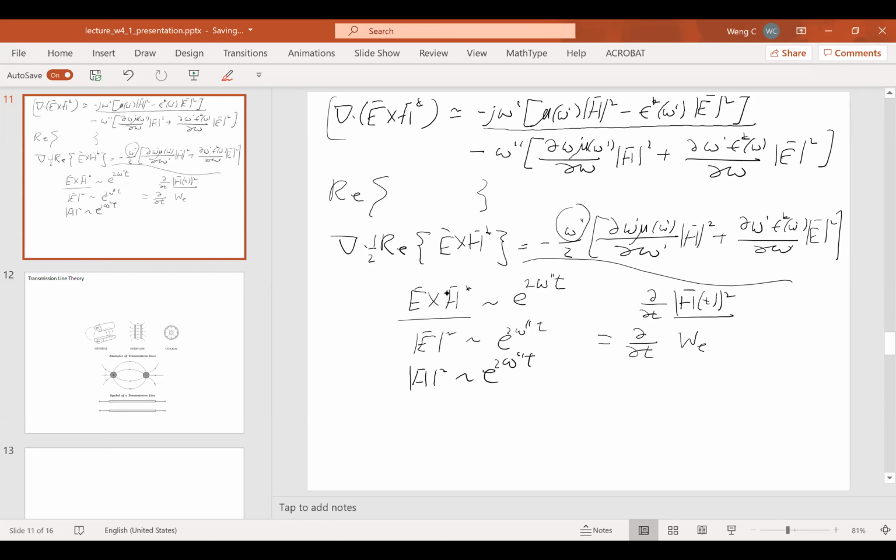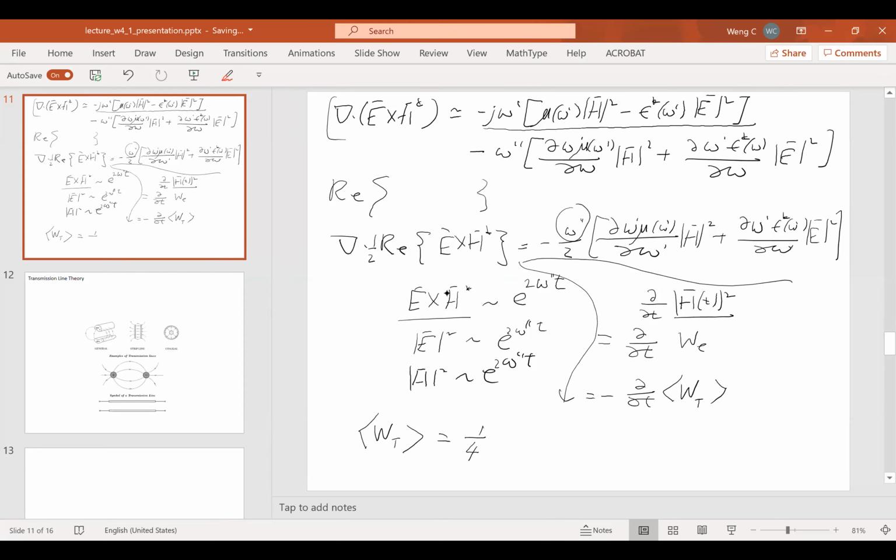So this is something like that, and then you can write the right-hand side as minus partial t of Wt. And you get this very strange formula for energy storage.